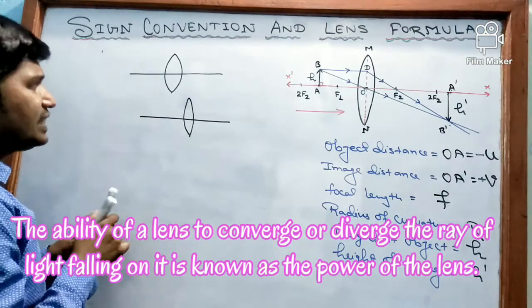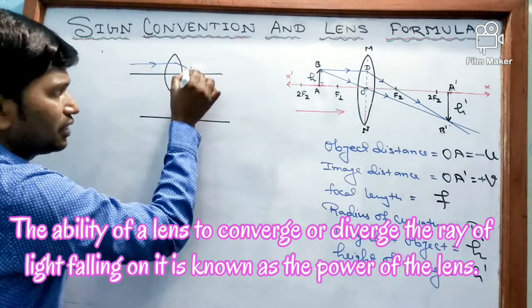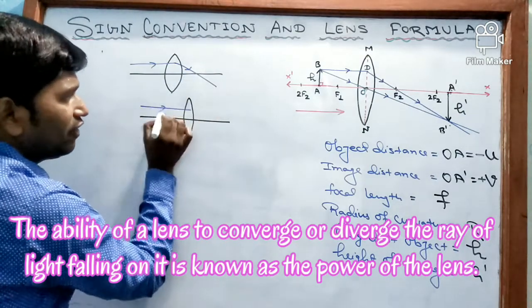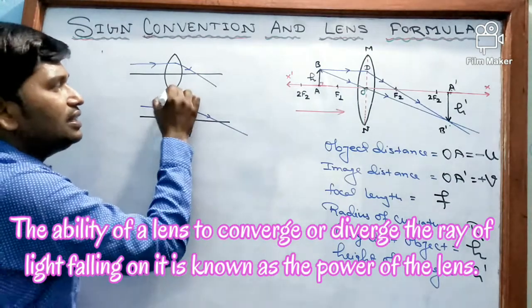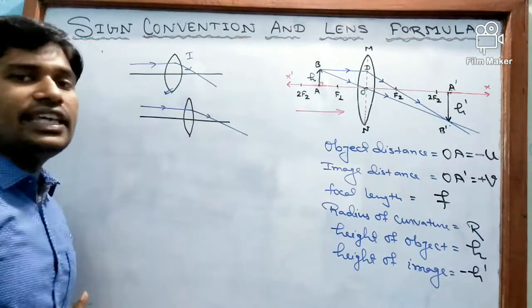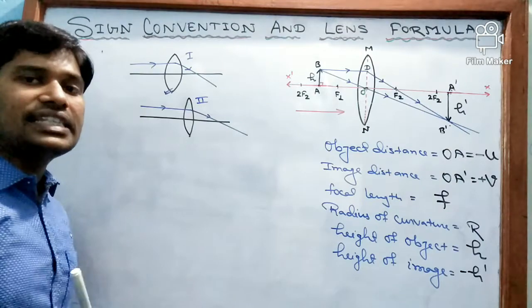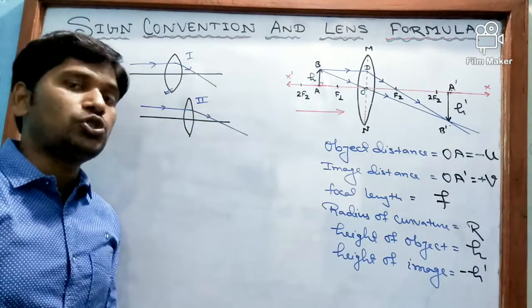A ray of light incident on it converges and bends like this, and in this the ray of light bends like this. So look at this: lens 1 deviates the ray of light more than lens 2. So we can say the power of lens 1 is more than the power of lens 2.